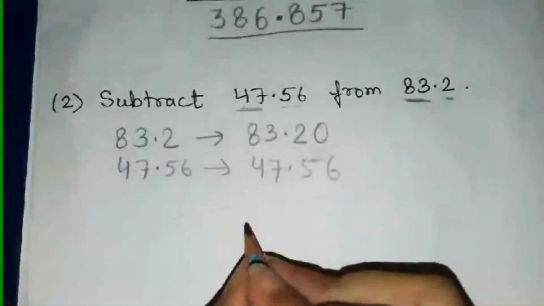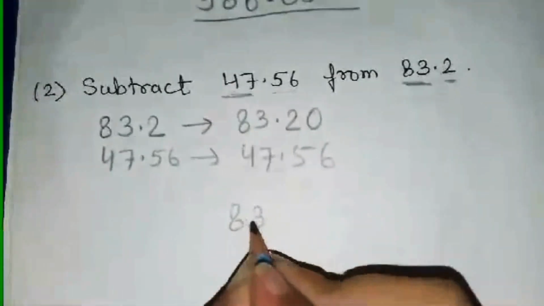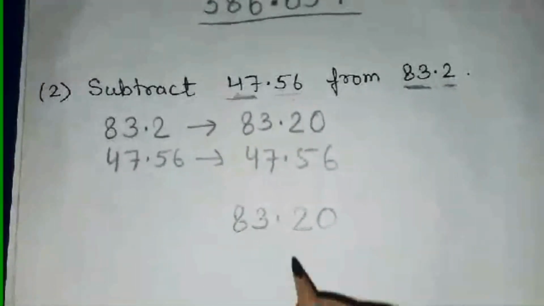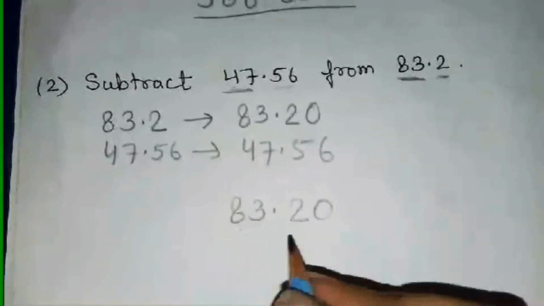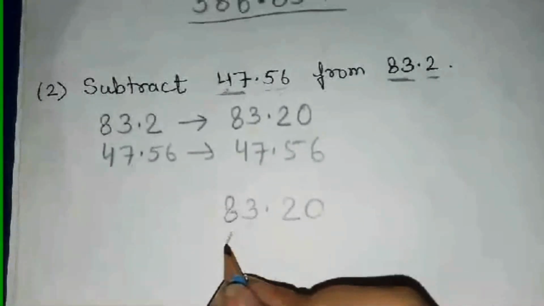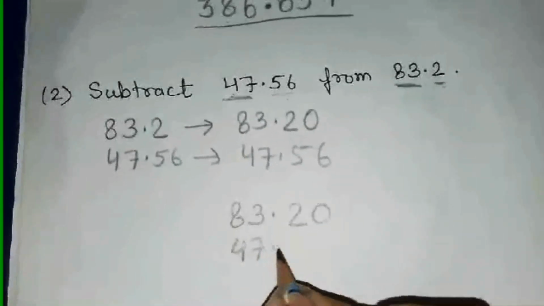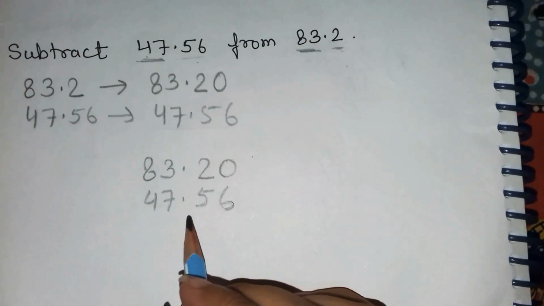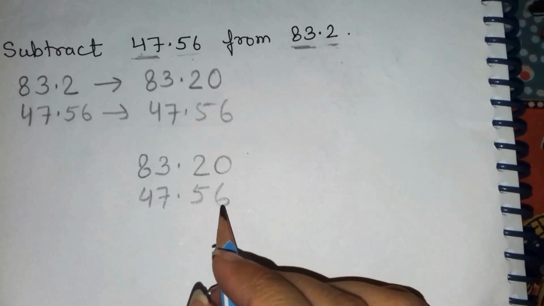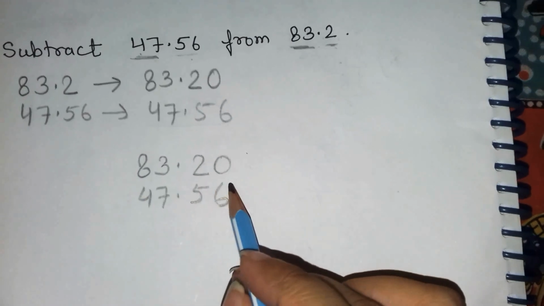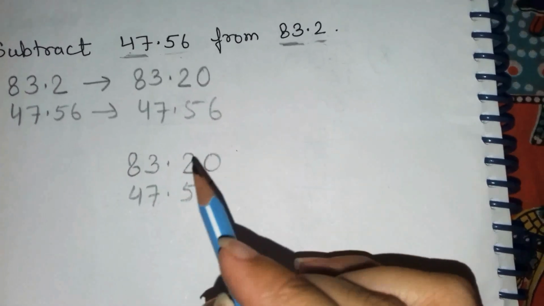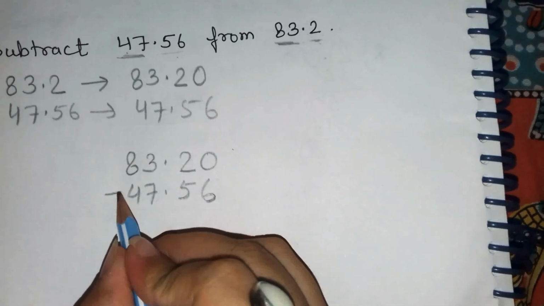Then write 83.20 and the smaller number under the larger number. So 47.56. Arrange these numbers and remember the digits of the same places are in the same column, and then subtract.